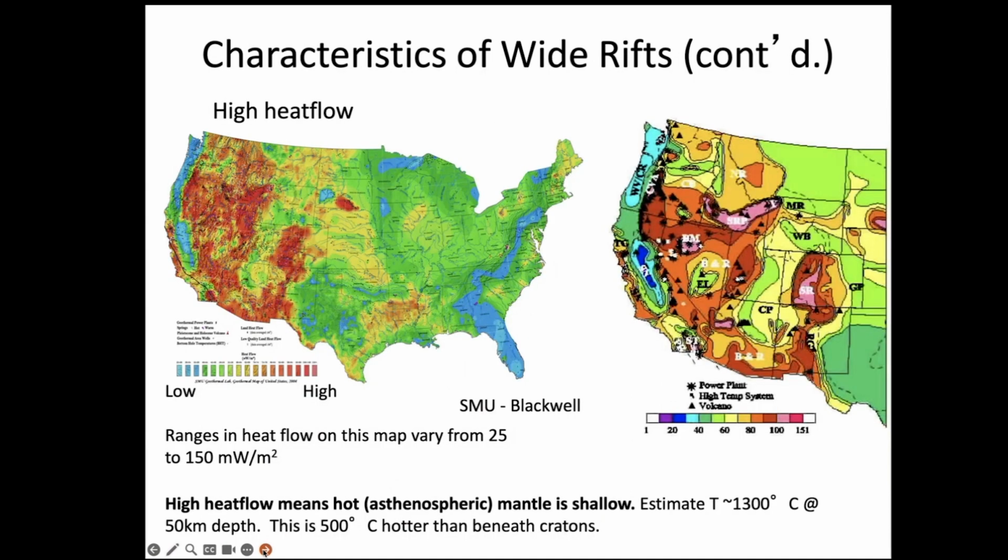Now, we've said that high heat flow is characteristic of regions with wide rifts. Here we see a heat flow map. This is a very important product of SMU. Up until a few years ago, SMU had a big geothermal lab led by a very accomplished scientist named Dave Blackwell.